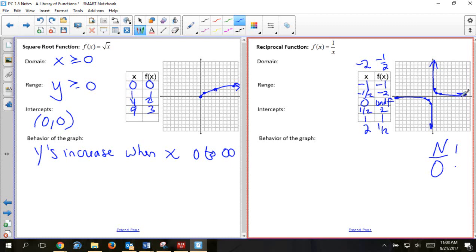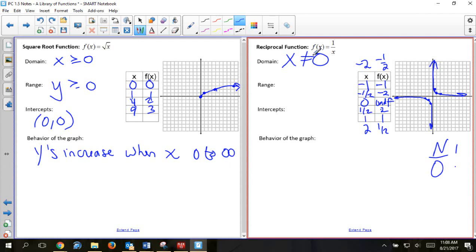The x's go from -infinity, they go up to 0, but they can't equal 0. So they're basically everything except for 0. So we're going to write x does not equal 0. It's everything else, but not equal to 0. Some of you may have done that when you did these graphs in Algebra 2. You might have written all real numbers, but not equal to 0, something like that.